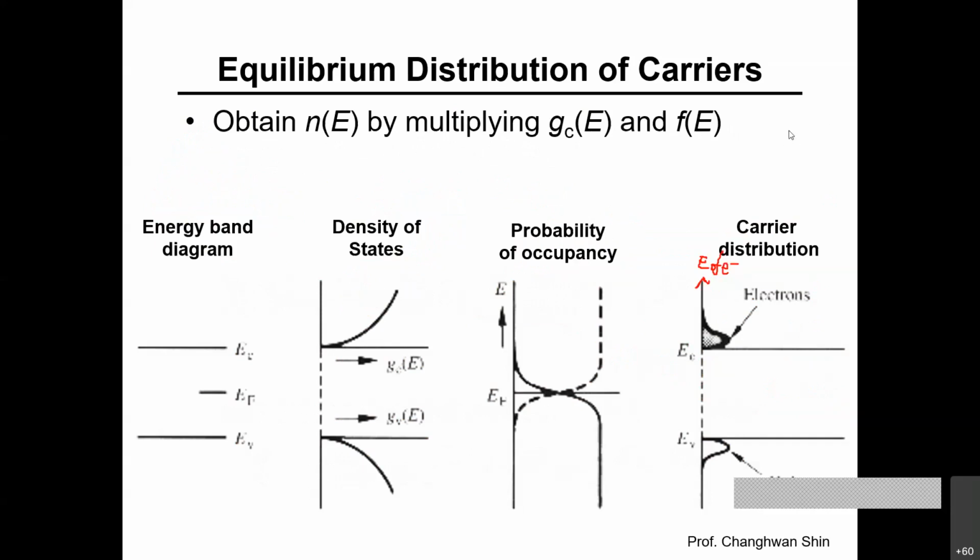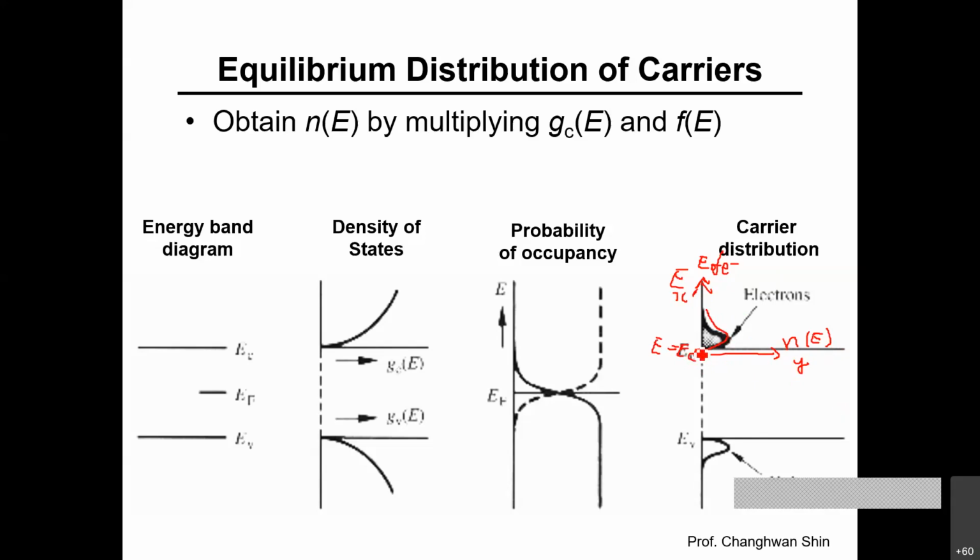Let's move on to this. So this is the energy of the electron, and the x-axis here indicates the number of electrons as a function of energy. This is energy, so this is kind of the y-axis. This is kind of the x-axis. So the answer is this. At energy equal to the conduction band edge E sub C, no electrons are available.